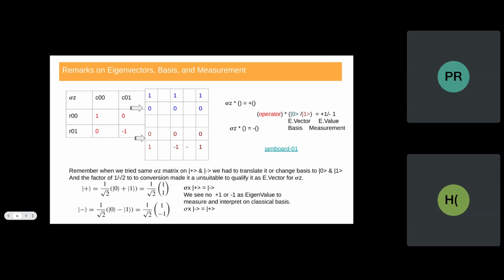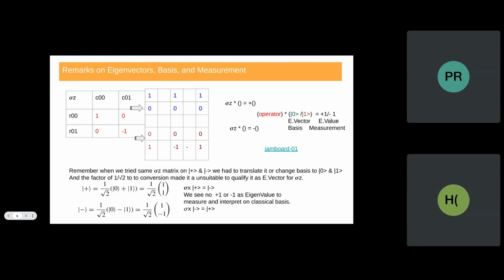When the sigma z matrix is multiplied by the spin up ket 0, you do row and then column. That is the matrix multiplication. So 1 into 1 plus 0 into 0, then 0 into 1 plus minus 1 into 0.